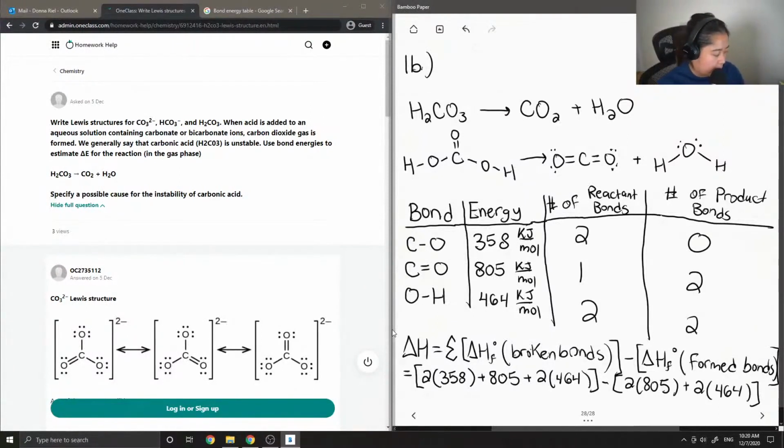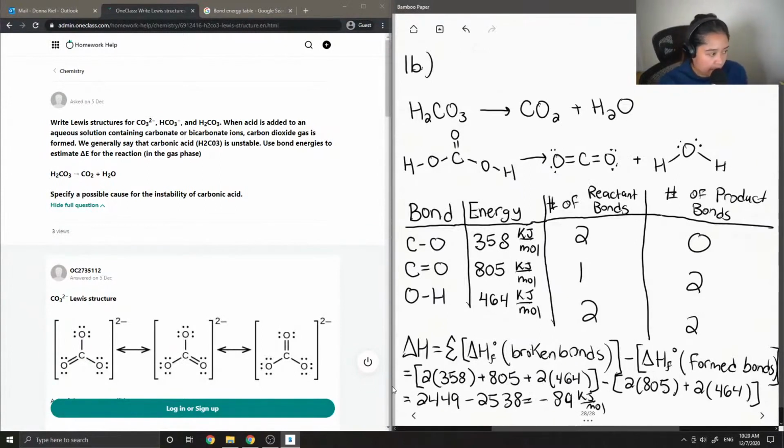And those are all of our formed bonds. So if we add it all up, you get 2,449 minus 2,538, which is equal to negative 89. Yeah, negative 89 kilojoules per mole.